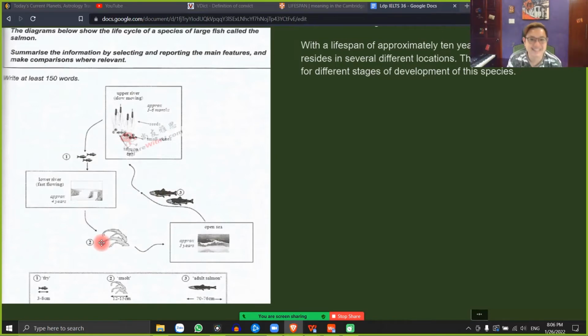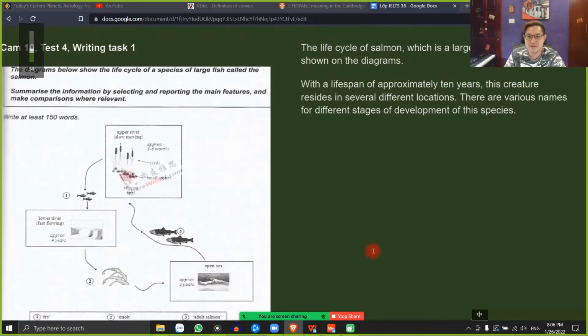Each stage of the fish has a different name. Yes, of course, I mentioned it here. There are various names for different stages of development of the species. Maybe half of its life is spent in fresh water and half in salt water. Of course, that is worth mentioning as well.